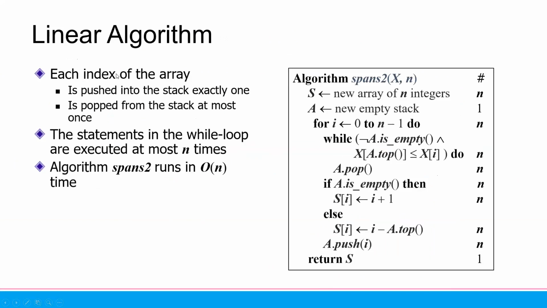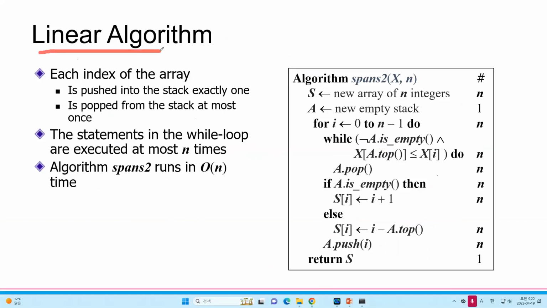So we can have a new algorithm, not quadratic, but a linear algorithm. Each index of the array is pushed into the stack exactly once and is popped from the stack at most once.